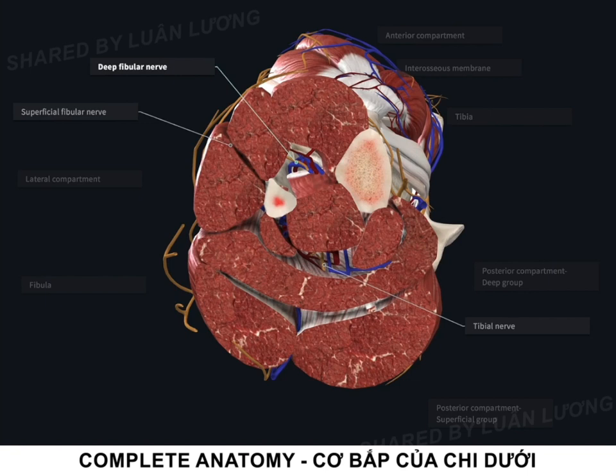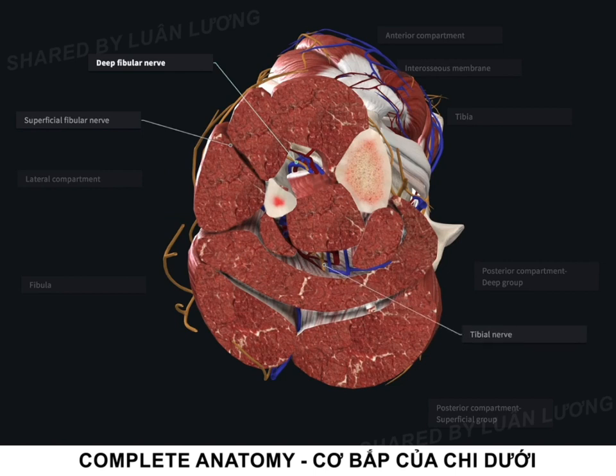Within the anterior compartment, we're going to see the deep fibular nerve. In the lateral compartment, the superficial fibular nerve, and within the posterior compartment, the tibial nerve. There's also going to be commonalities with blood supply in each of these compartments, as well as actions.